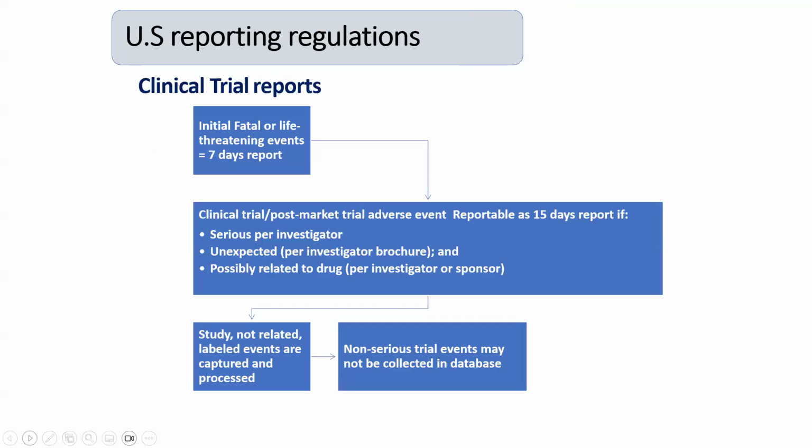Okay. So when we are talking about clinical trial reporting for the US FDA, all clinical trial cases which are life threatening need to be reported in 7 calendar days, and those other than life threatening need to be submitted in 15 calendar days. It must be serious, it must be unexpected, and it must be possibly related to the drug.